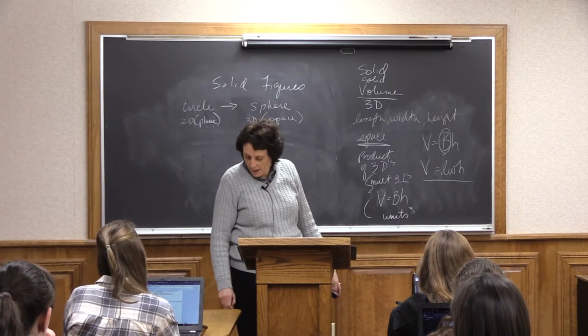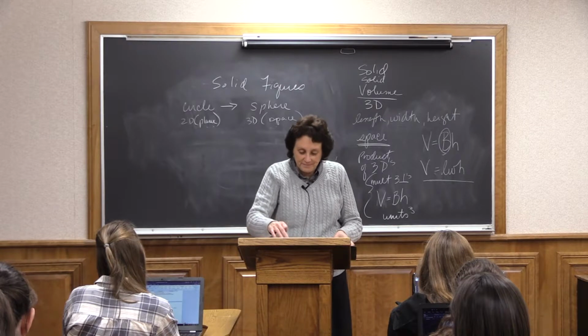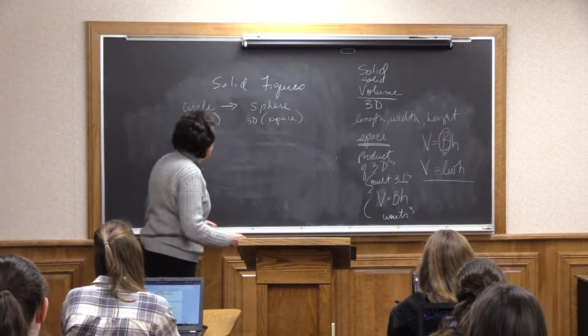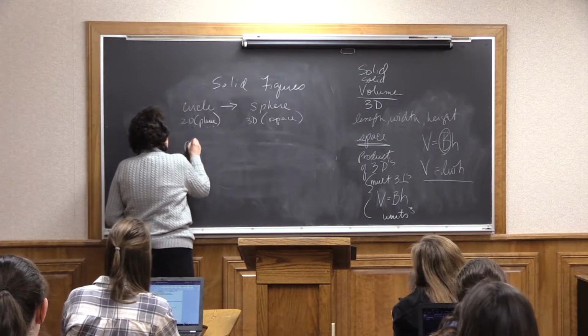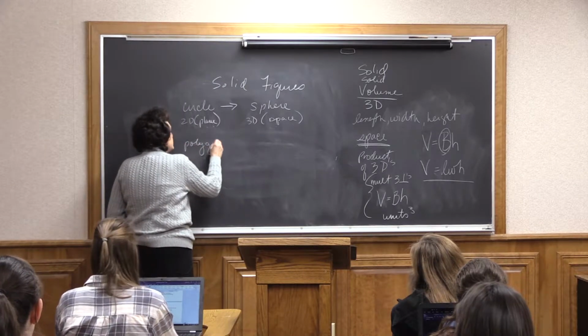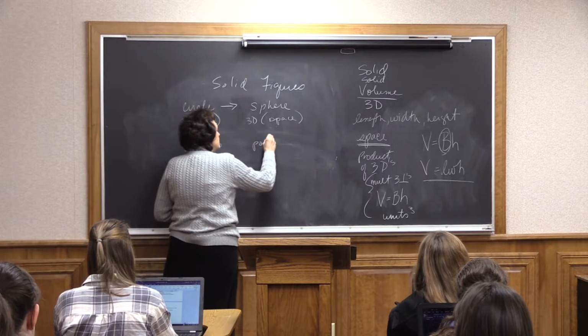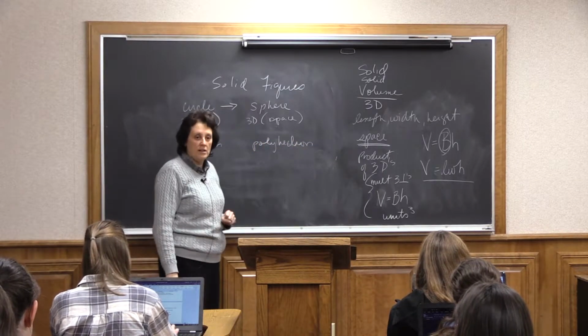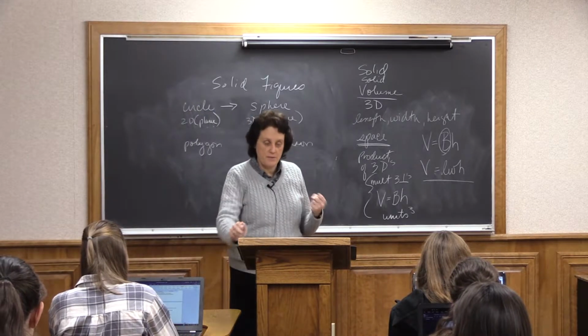Then we have what are called polyhedrons. Okay, a polyhedron is kind of our three-dimensional equivalent for polygon. A polyhedron is a solid figure. It's a three-dimensional figure.